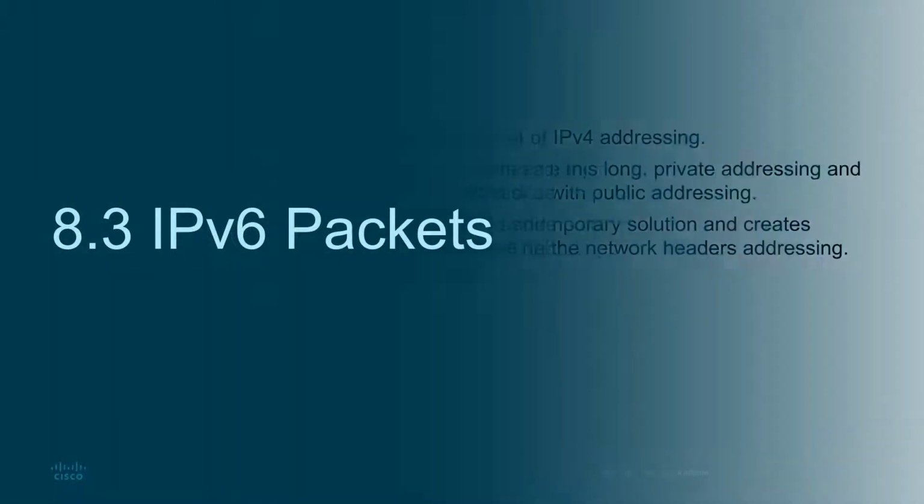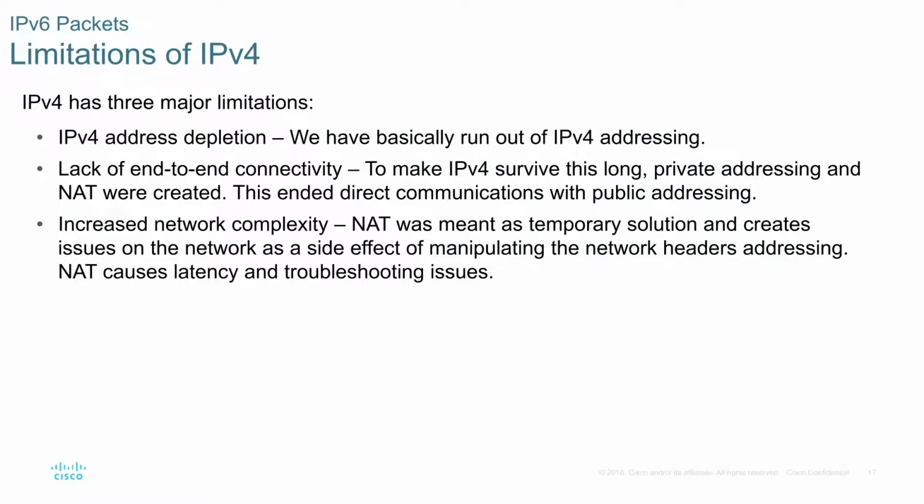An IPv6 packet as opposed to an IPv4 packet. IPv4 had severe limitations because when it was originally developed, the explosion in the use of the internet was not considered. So we had IPv4 address depletion.